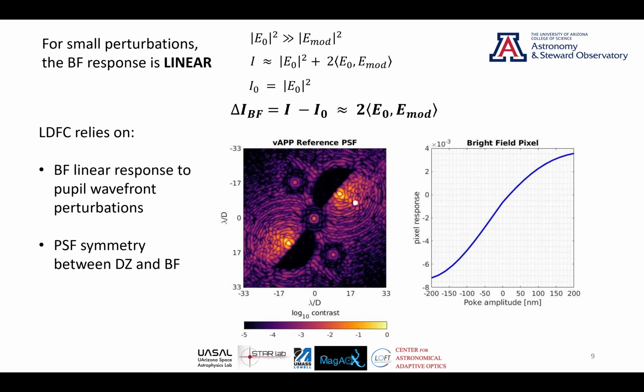There's also the assumption of PSF symmetry between the dark zone and the bright field: a perturbation will affect both. Not necessarily in the exact same way, but you could still build a control loop around the response of the bright field, and it will be related to what's going on in the dark field as well.